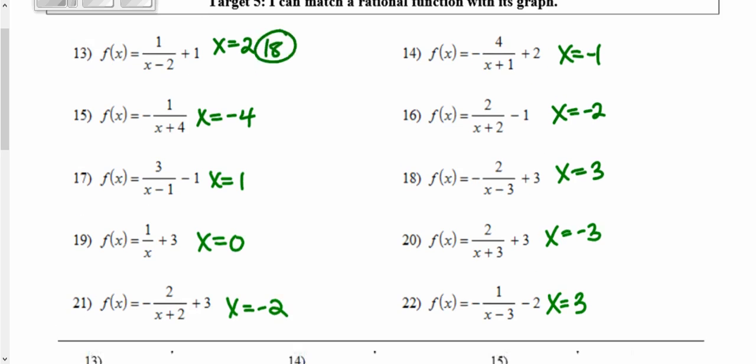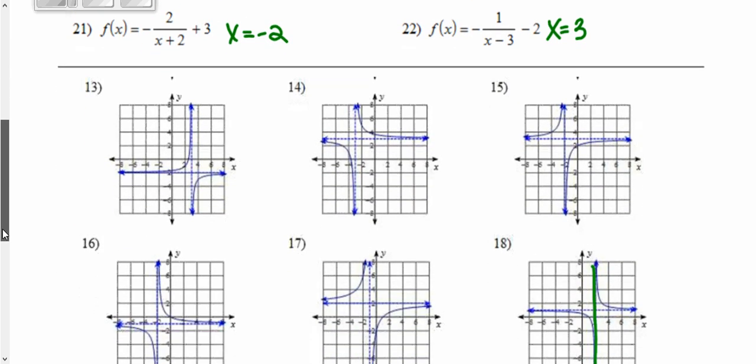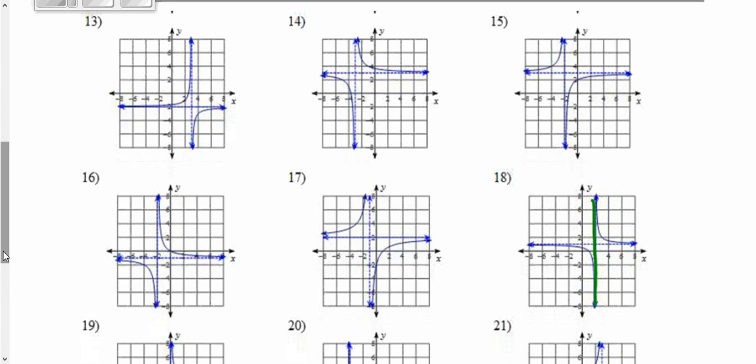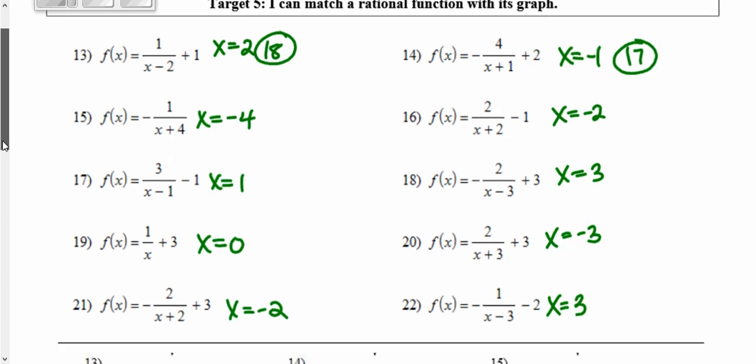Okay, so for 14, the vertical asymptote's -1. So I'm just kind of glancing over these. Number 17 has a vertical asymptote at -1. 15, the vertical asymptote is at -4.